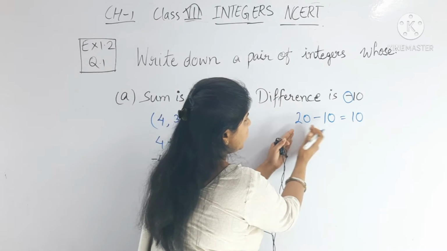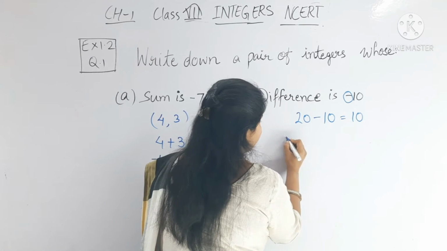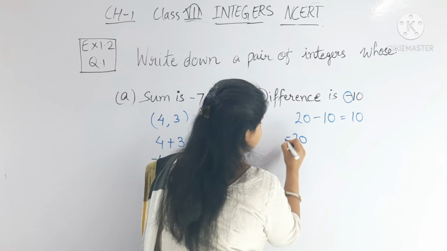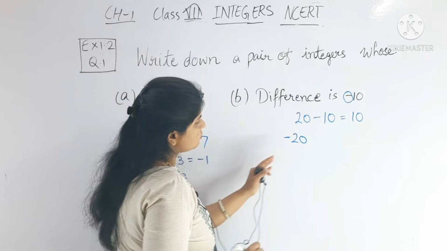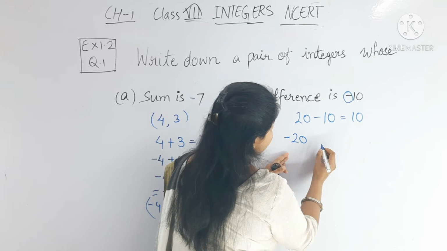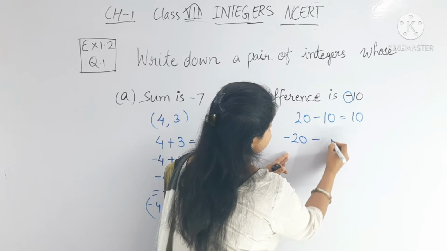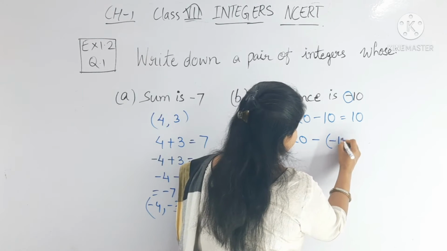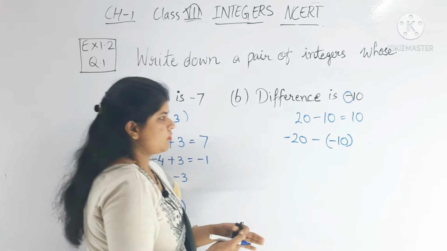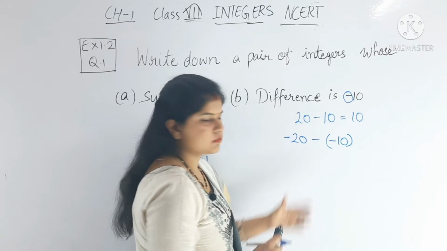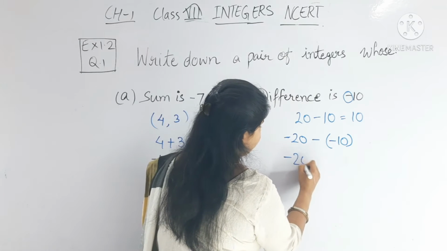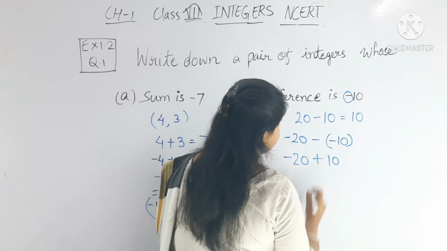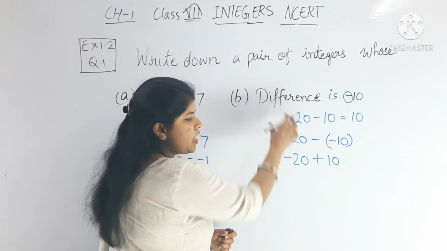So 20 is the larger number. So minus 20 and minus 10. Minus minus will be plus, so minus 20 plus 10 will make our difference.